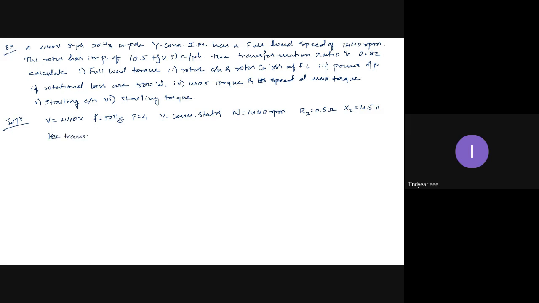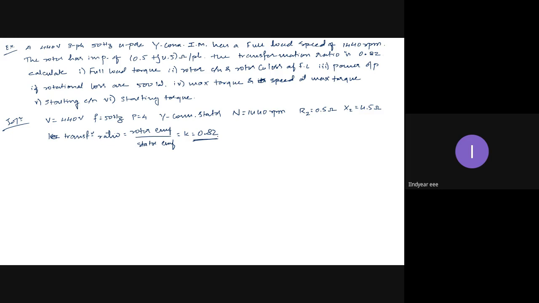We will write in detail. Transformation ratio is equals to rotor EMF to stator EMF or rotor turns to stator turns is equals to K is equals to 0.82. This you have to please keep in mind.